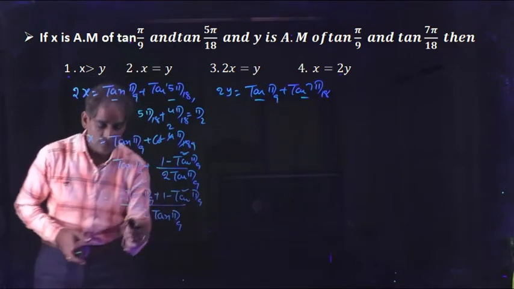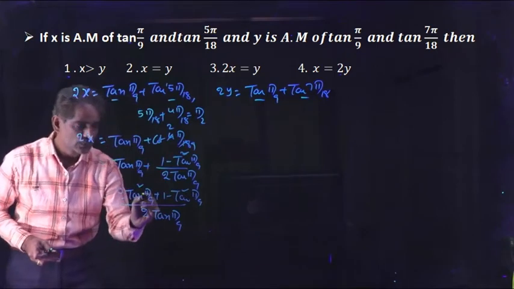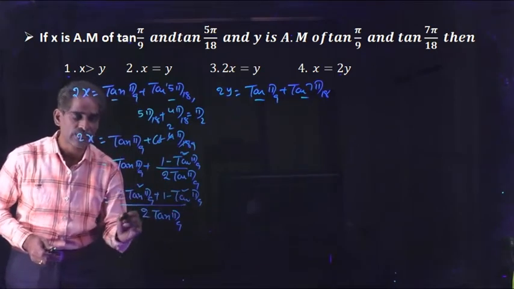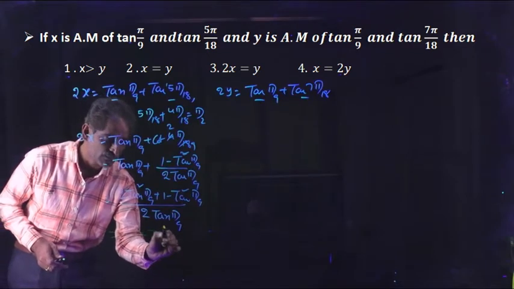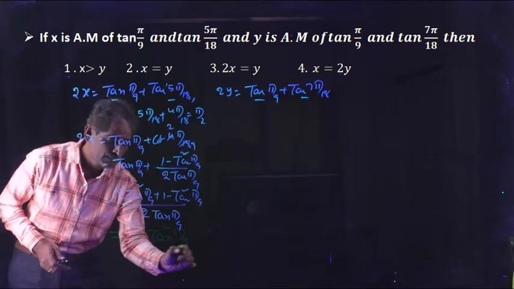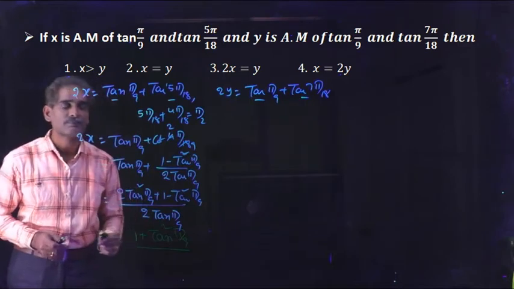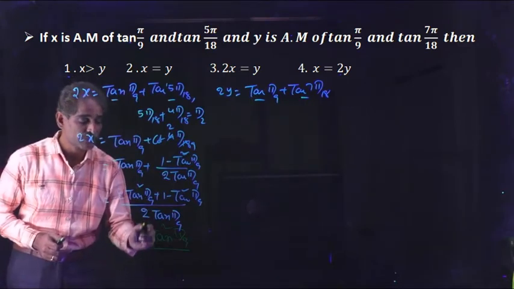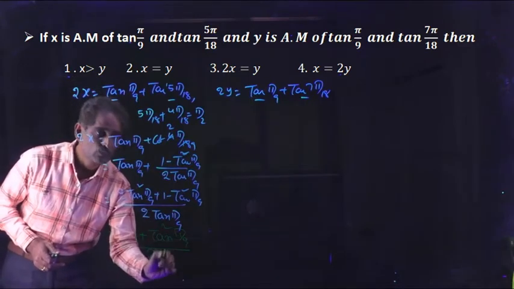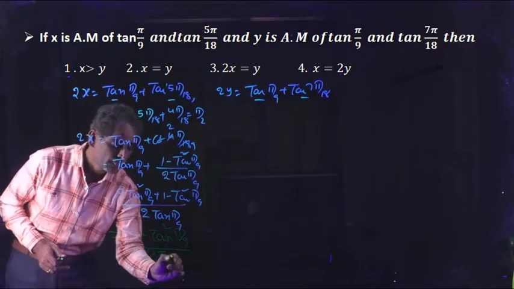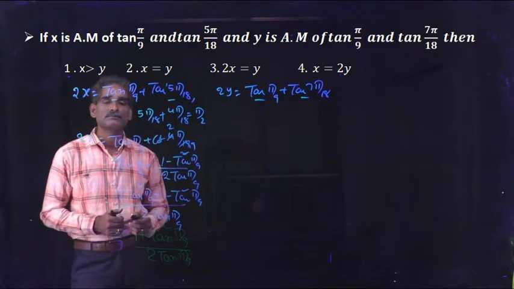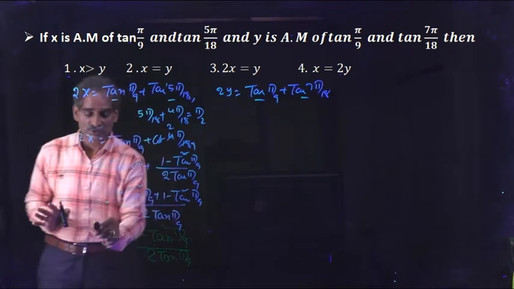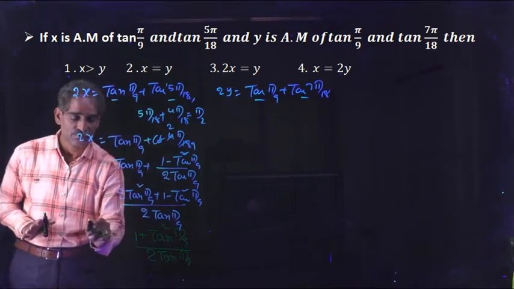Now the value of this is 2 tan square minus tan square, that is one tan square, that means 1 plus tan square of π/9, all divided by 2 tan(π/9). So this is the value of 2x.